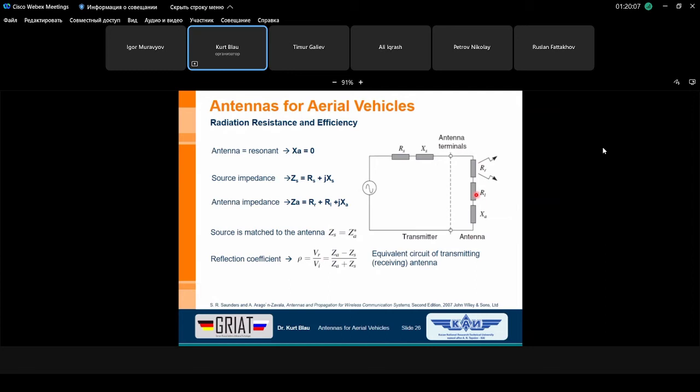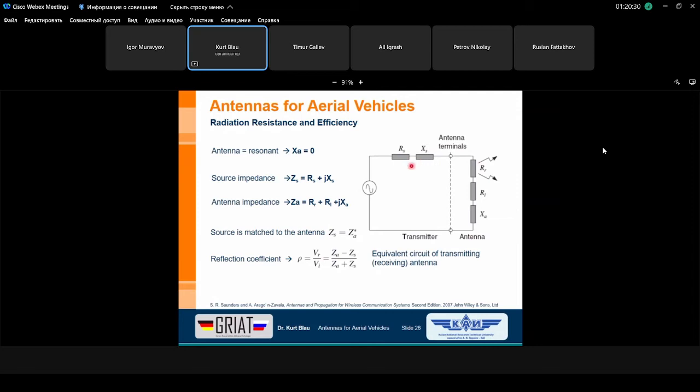Yeah, and if we can achieve this, then the antenna, together with the inner resistance of the resonator, is in resonance. But in practice, you will find normally generators with this X source very, very small, meaning it's negligible.